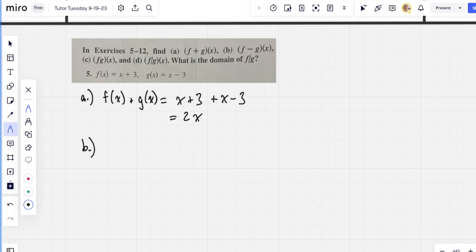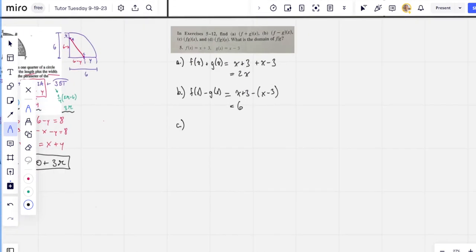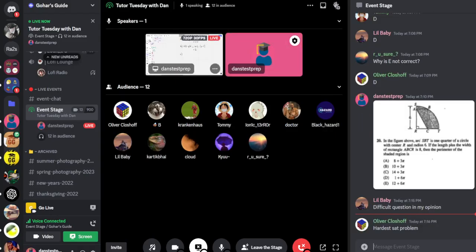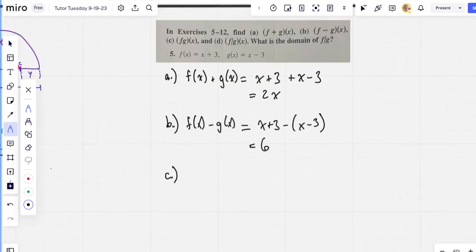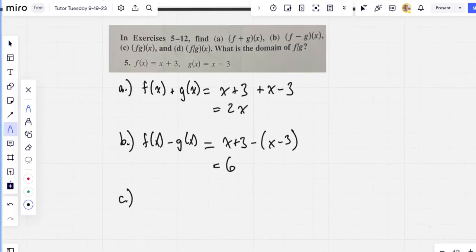Part B, f minus g is just f of x minus g of x, which is equal to x plus 3 minus x minus 3. That's 3 minus negative 3. That's just equal to 6. Good so far? Hardest SAT problem. Yeah.